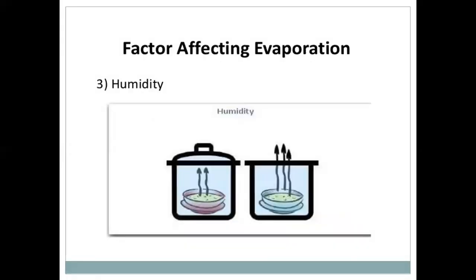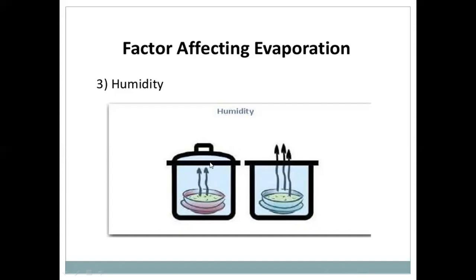Third factor, humidity. As you see here in the two containers, we have an open one and a closed one. The humidity of the closed one is more than the humidity of the open one. That's why we represent the evaporation by two arrows here, and the evaporation here by three arrows.